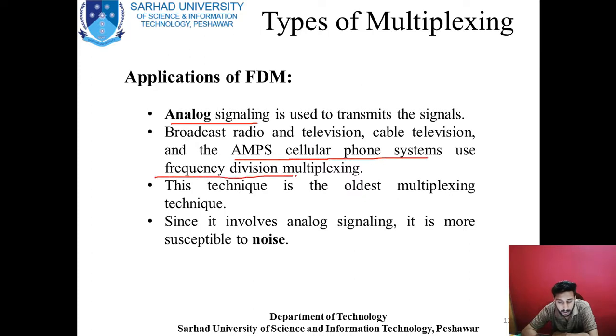Even nowadays, because of its low cost, it is mostly implemented in technologies that are more user friendly. This is basically the oldest technique, and as I've told you, these signals are analog signals, so they are more susceptible to noise. It means noise can affect these signals very much as compared to digital signals.